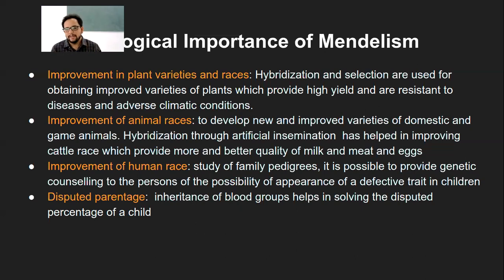All these traits can be studied using the family pedigree chart, and by that it is possible to provide genetic counseling to the people in the family about the possibility of a defective trait appearing in the children. The simplest example is color blindness. If the father is color blind and the mother is also color blind, most likely the child is going to be color blind.